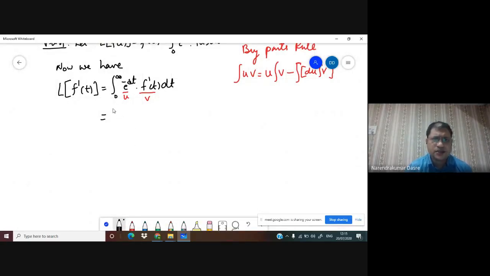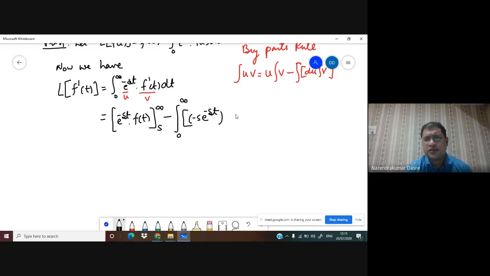u as it is, e raised to minus st, and integration of v. So integration of f dash is f, with the limit 0 to infinity, minus integral 0 to infinity of the derivative of u. This derivative is with respect to t, so it will be minus s e raised to minus st. Integration of v, so integration of f dash t is f of t.